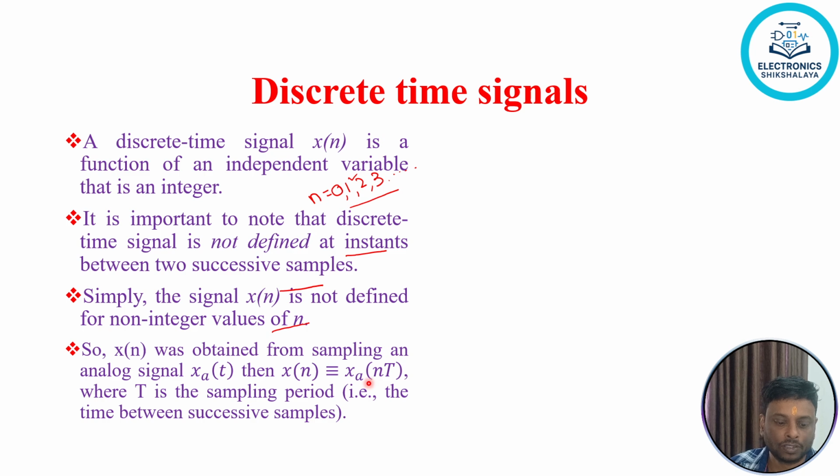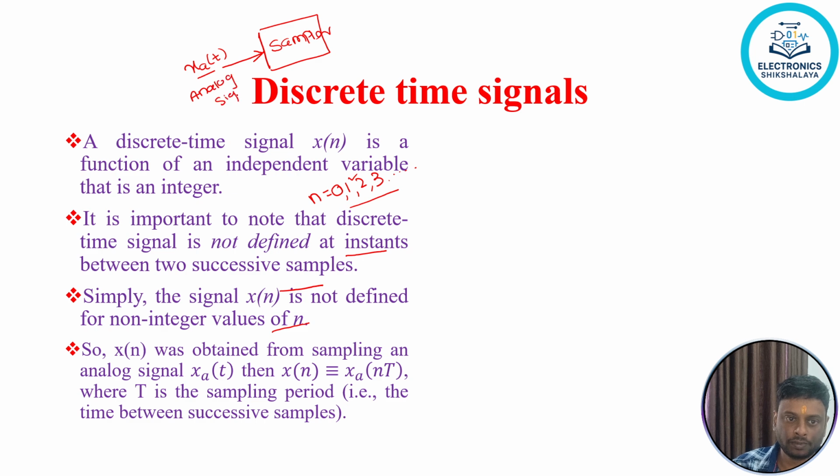Suppose we have a sampler, and we have an analog signal, that is x a of t. The output of the sampler will be a discrete time signal.